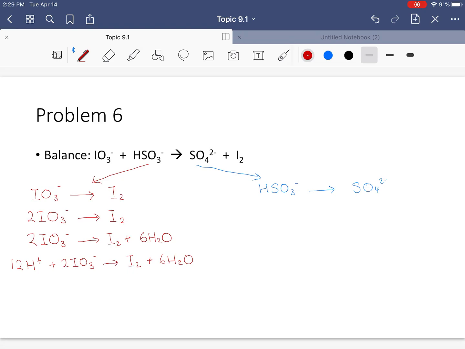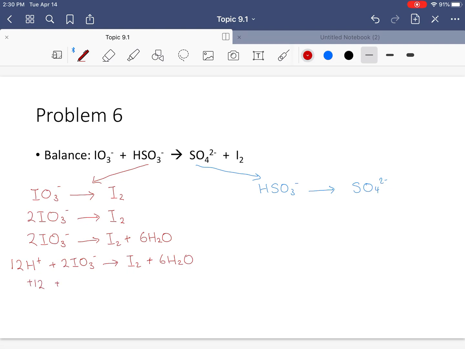There we go. Now, this is, I guess, the hardest part, in my opinion, of balancing these redox reactions: the determination of electrons, or charge. The overall charge, I'm sorry. So, let's take a look at the overall charge on the left side.